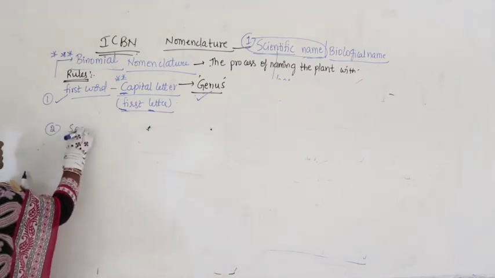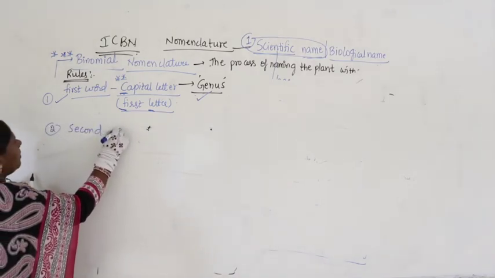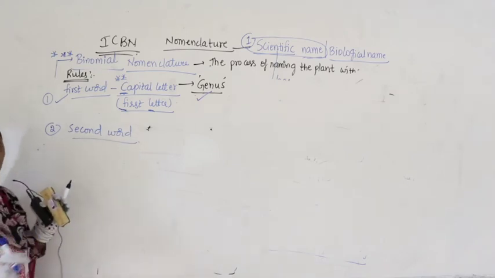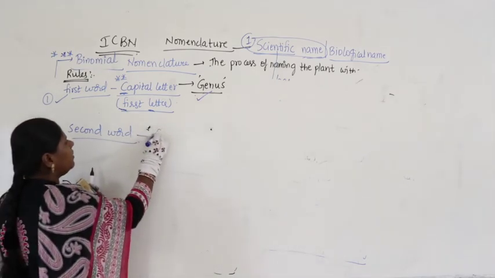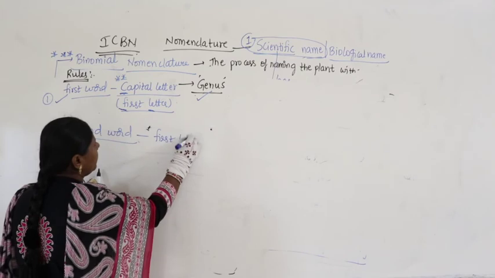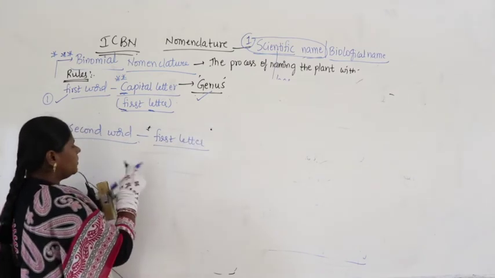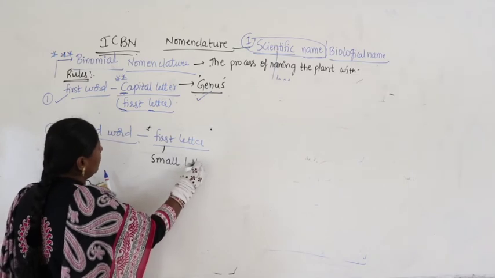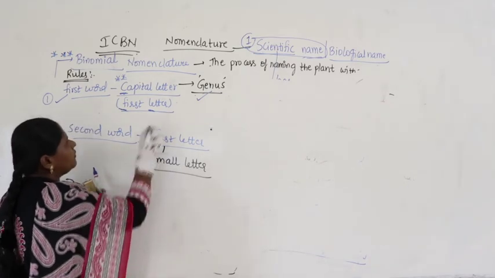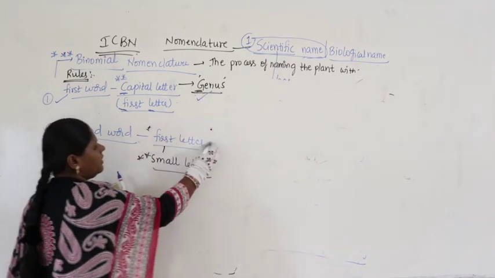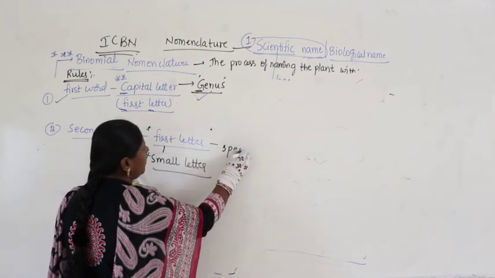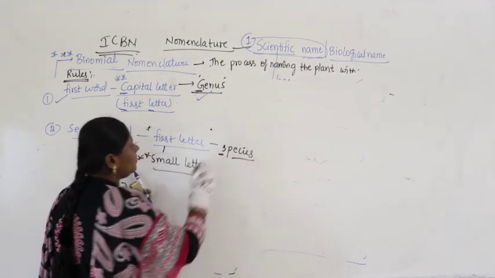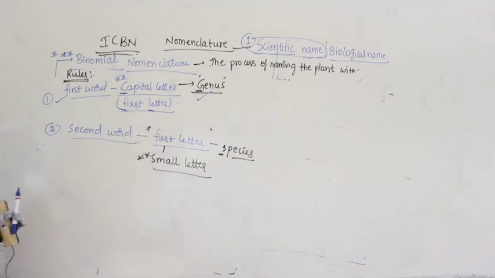Then the second word, in the second word the first letter should be a small letter. This is the first rule.